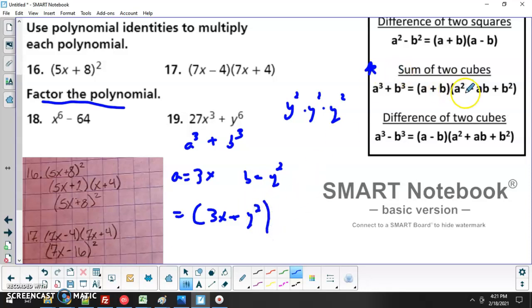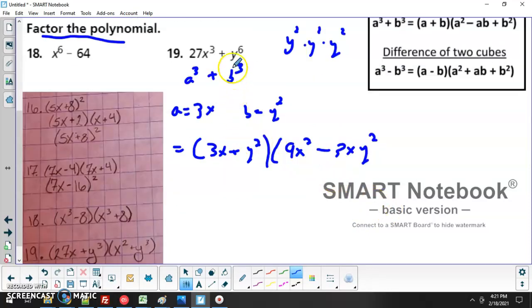And then you have a squared. If a is 3x, a squared would be 3 squared, which is 9, and then x squared. Minus ab. So a times b would be minus 3x times y squared.